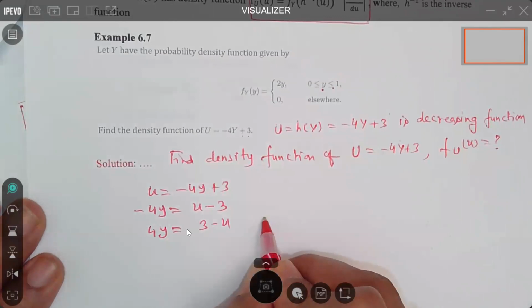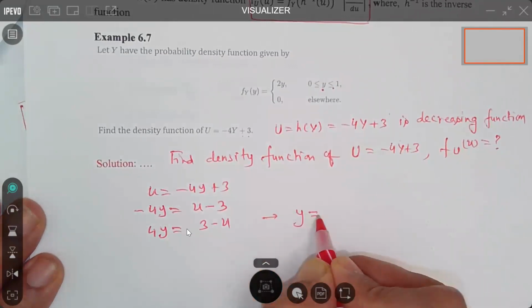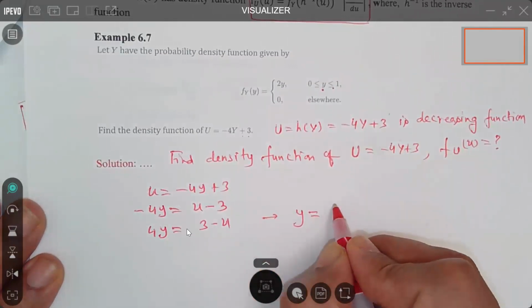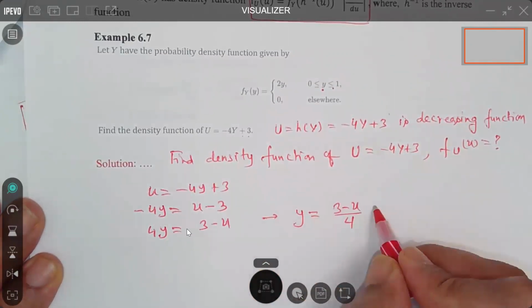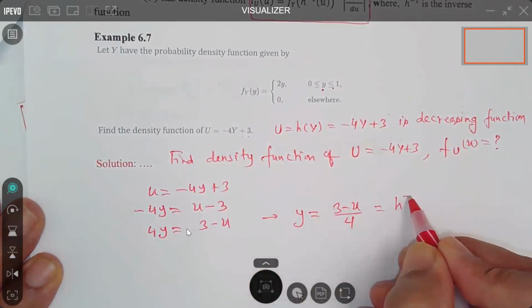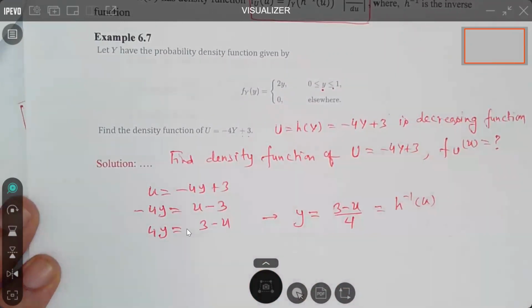So then y equals 3 minus u divided by 4. And this is now the H inverse of u function, right? That is H inverse u.